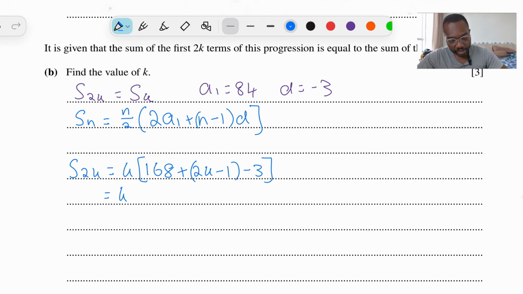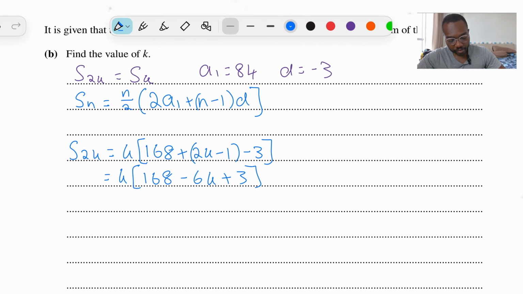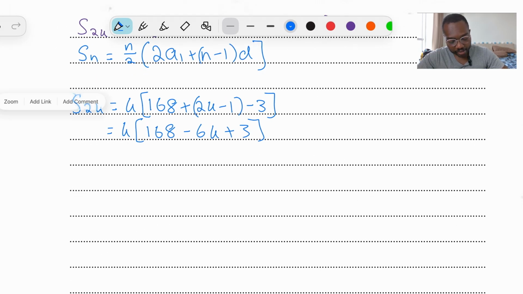So we get k times (168, then 2k times minus 3 is minus 6k, plus 3). Then we have k times (171 minus 6k). Okay, and we can leave it like that. We can expand it if we want to, but we don't need to for now.